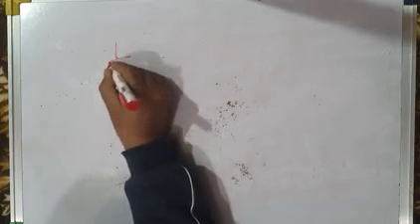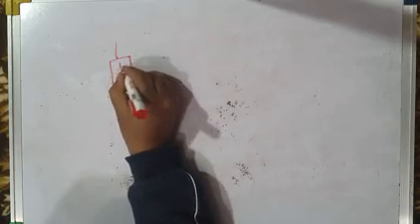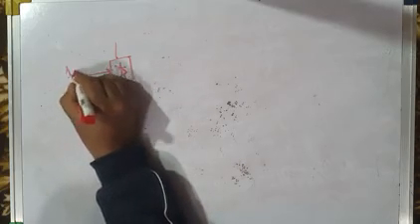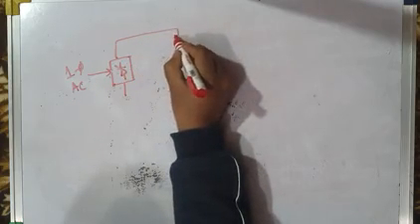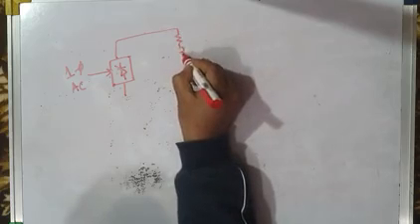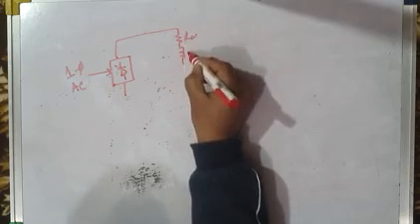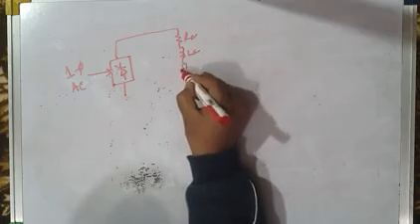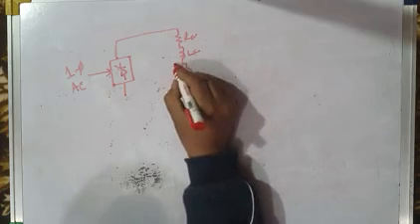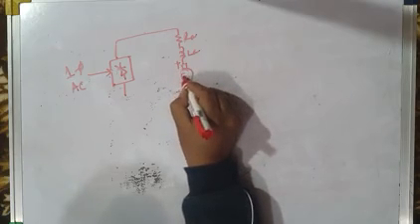Now let me again draw the symbolic representation of a single phase full converter. So this is single phase AC. Now this is armature circuit resistance RA, armature circuit inductance LA, and this is the back EMF of the motor, plus minus EB.